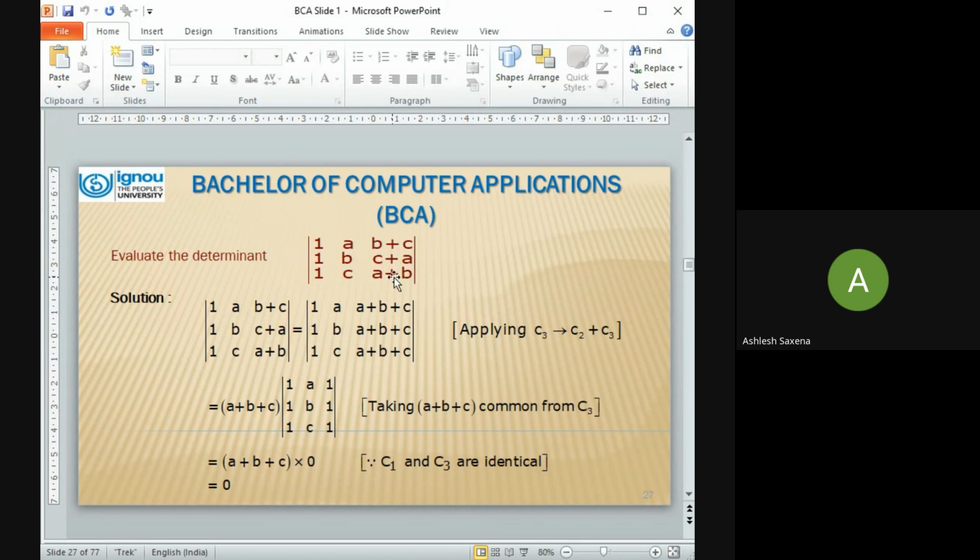As soon as you add, you will get this. Take this common, and you will see column number 1 and column number 3 are identical. If two columns or two rows of any determinant are identical, its value becomes 0. Is this correct?